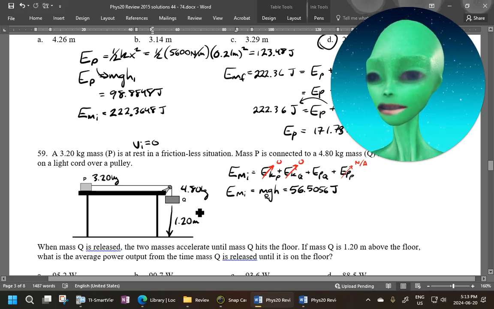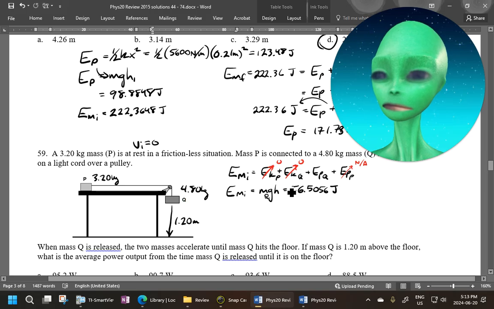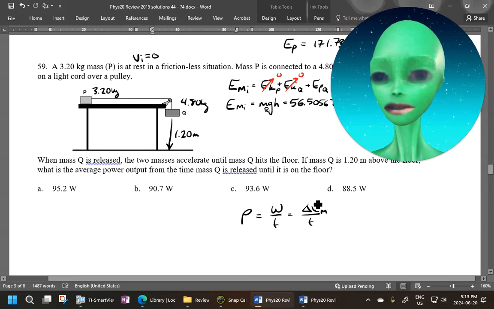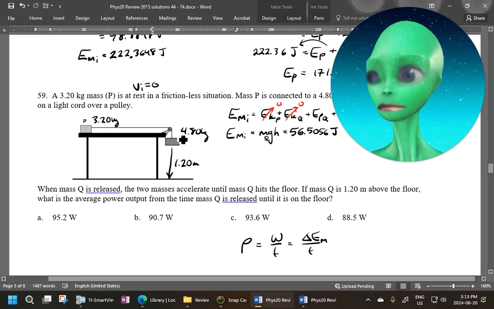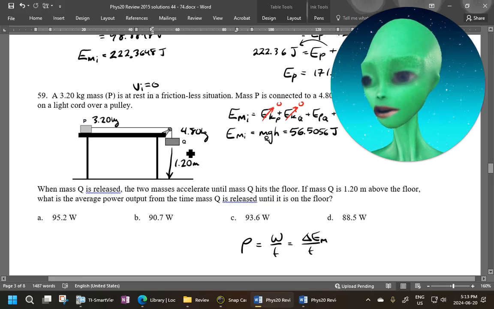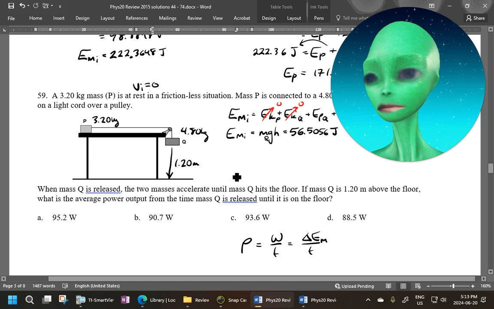Now, we're a frictionless system. That's my mechanical energy. We'll see how this question turns out. I'm just kind of making it up as I go, because this is usually how I approach these questions, and then see if it makes sense.